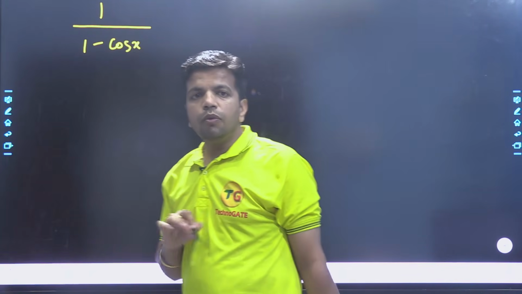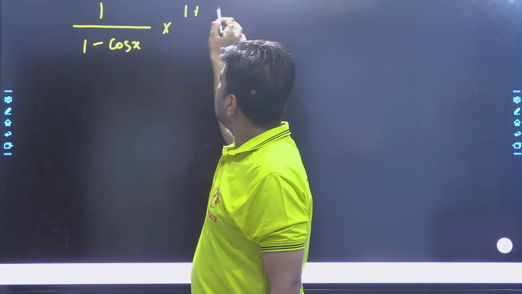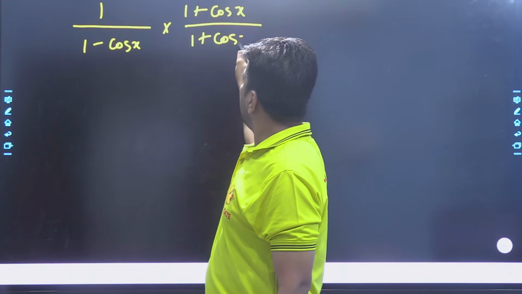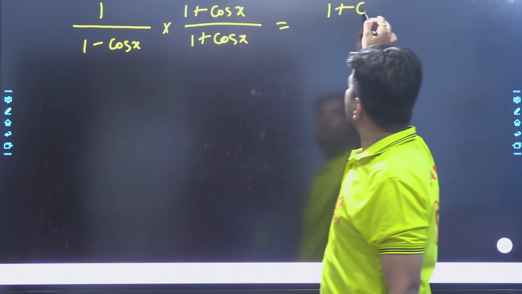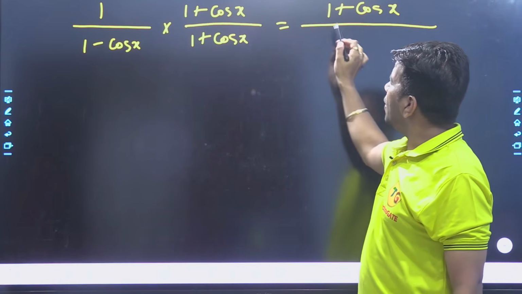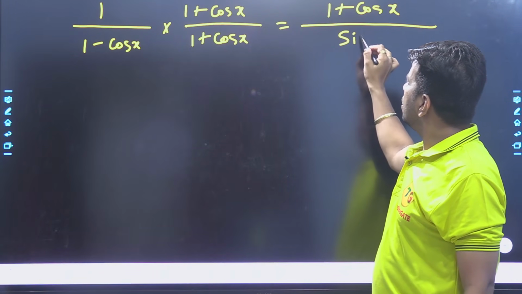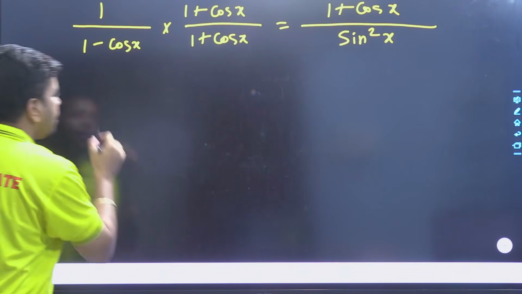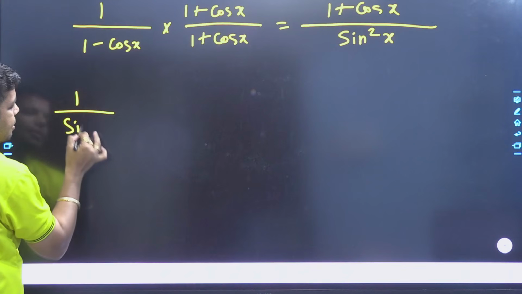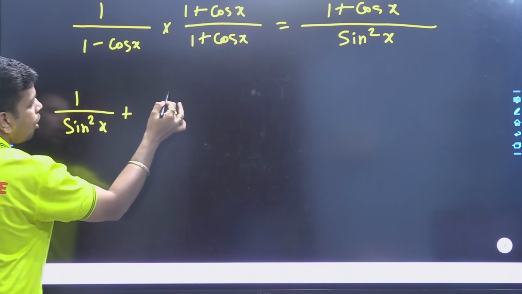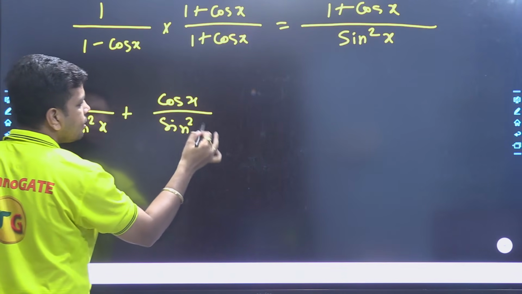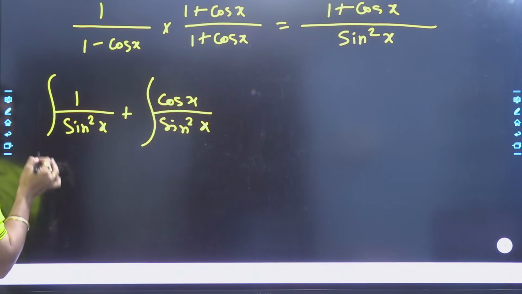What do I need to do? We need to multiply by 1 plus cos x on numerator and denominator. So this is 1 plus cos x divided by 1 minus cos square x, which becomes sin square x. So we can say this is 1 upon sin square x plus cos x upon sin square x. Just take the integration of this.